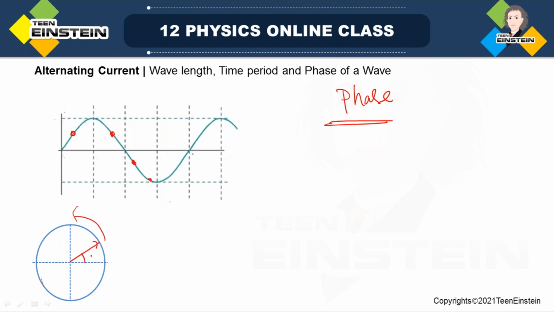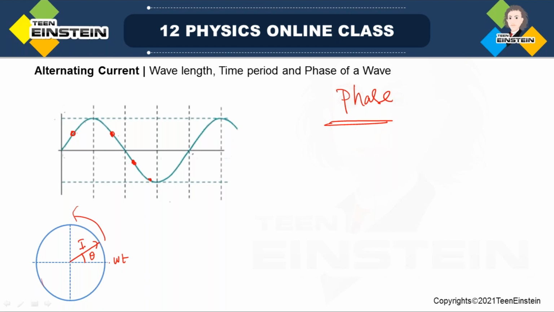Suppose I have an angle omega t plus theta, theta is 0 over here, so theta can go all the way up to 360 degrees.